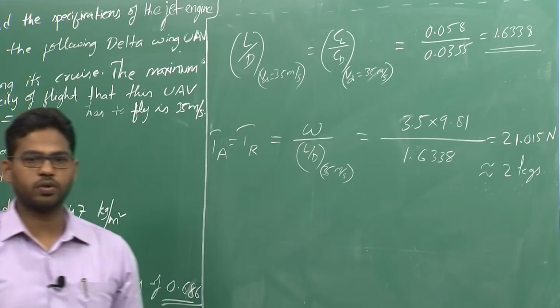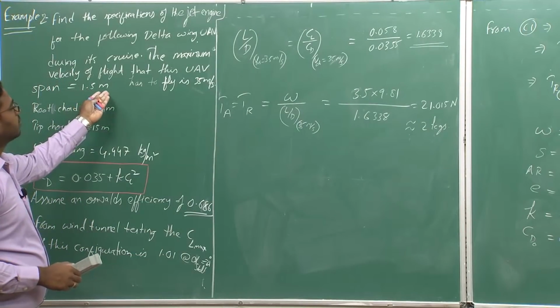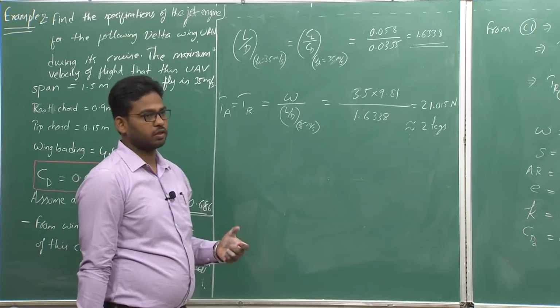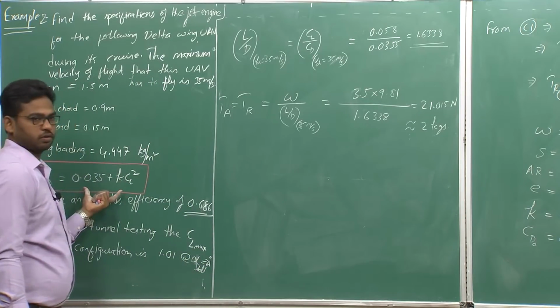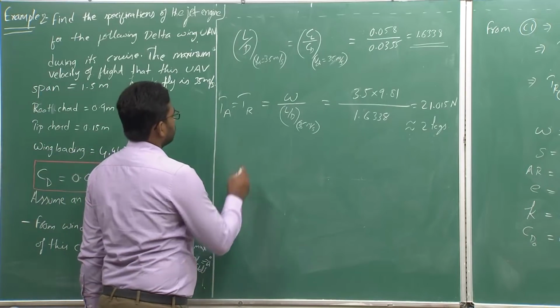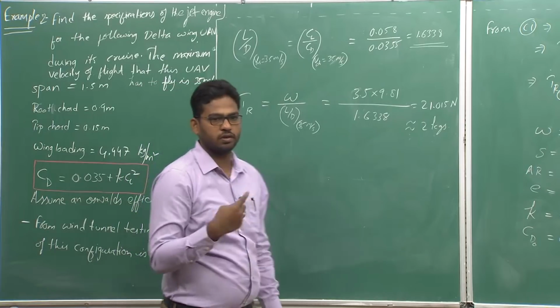You need to give 2 kgs of thrust to lift a UAV of 3.5 kg if you want to move at 35 meters per second with this particular drag polar, right? So, this should be the amount of thrust that this engine has to develop.